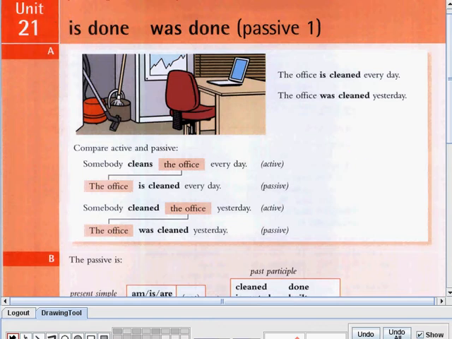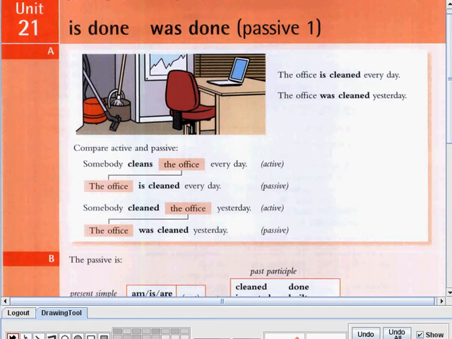Again, in the passive form of sentences, the subject of the sentence is the receiver of the action. We use this kind of grammar, or a way of forming sentences, when we don't know who did the action, or if the receiver of the action is more important in our communication than the one who did it, right?